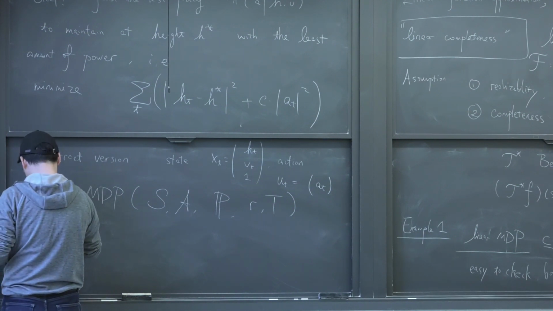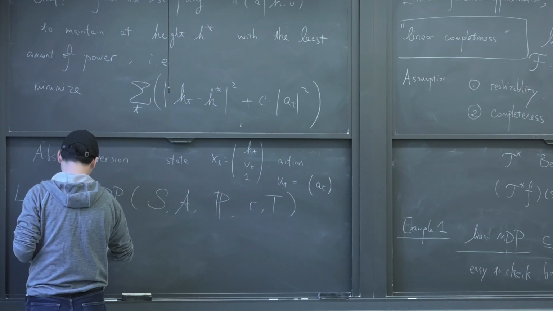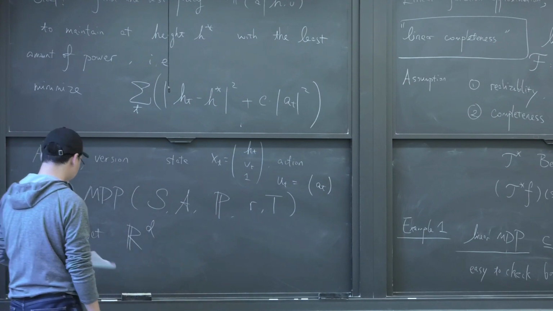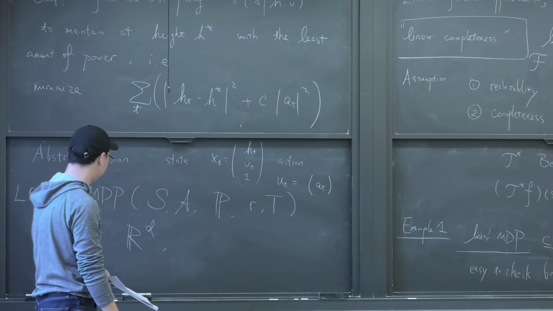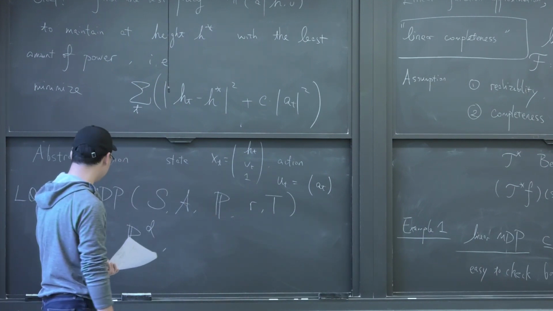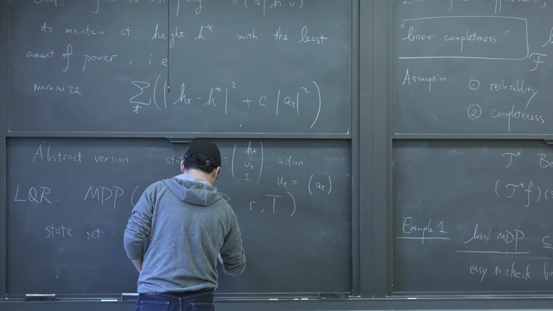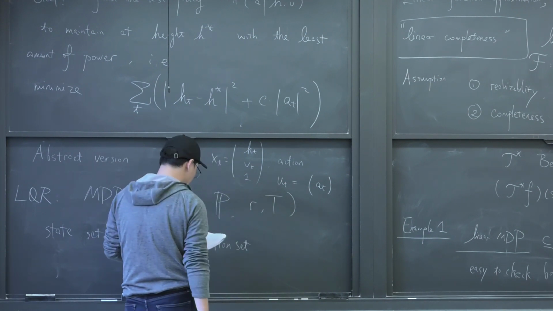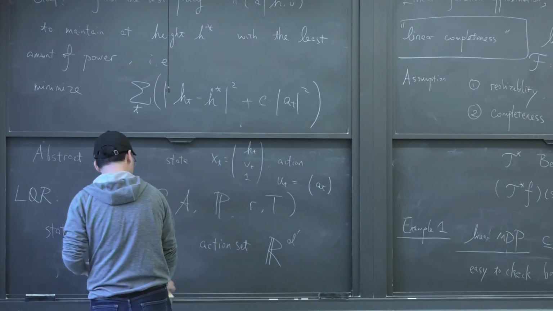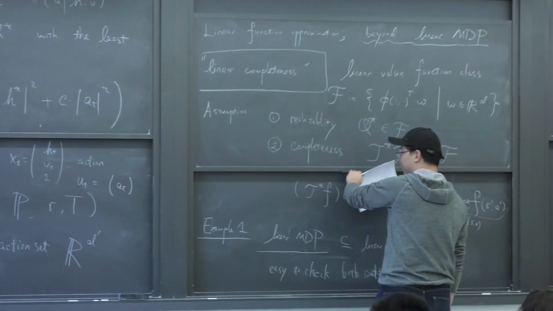So the state set for general LQR is R^d. Okay. So it's a vector in some d dimension, which is similar to the helicopter. This is like a 3-dimensional thing, where in general we can have a d-dimensional thing. And the action set is again also a vector space, let's say of dimension d prime, so that the dimensionality can be different. So we have both the state set and action set as vector sets.